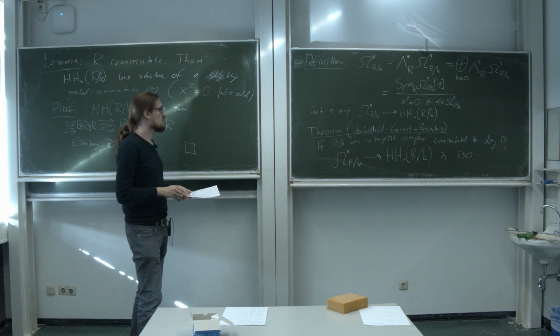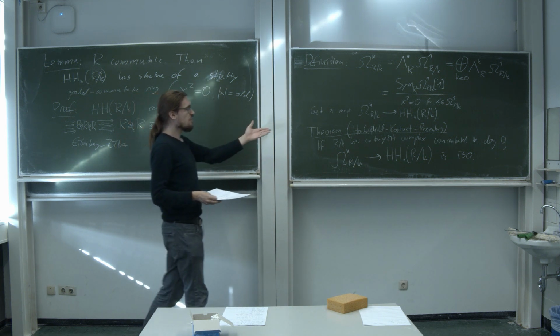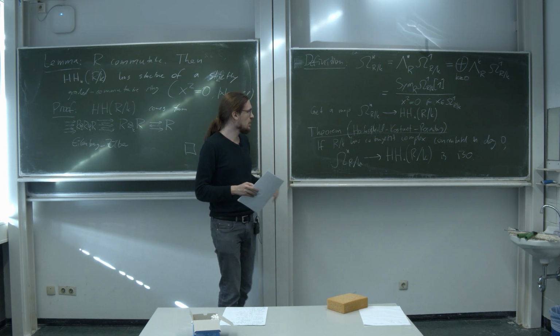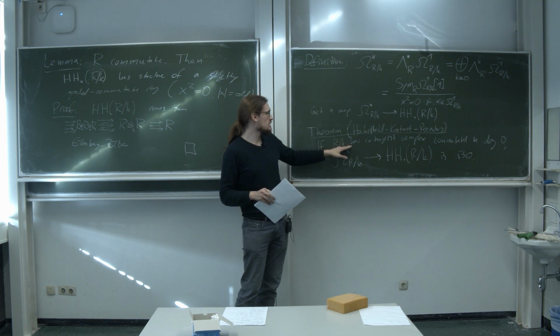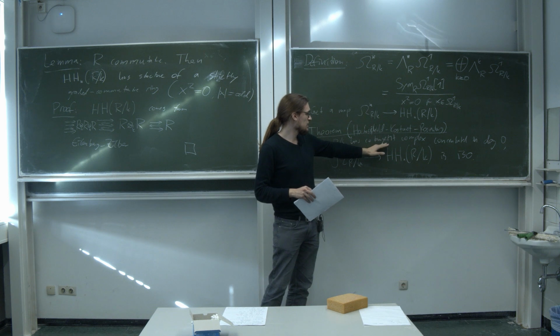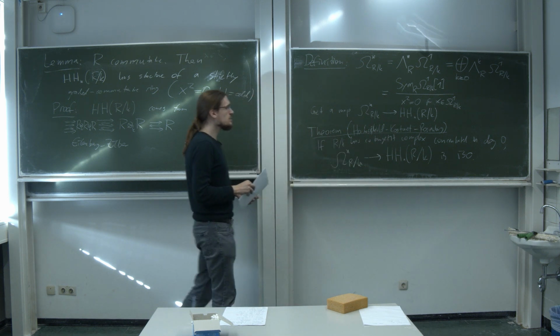So this HKR theorem we will prove later in the course in more generality, where we allow an arbitrary base, not just a field, and we will discuss in detail what this cotangent complex condition means.